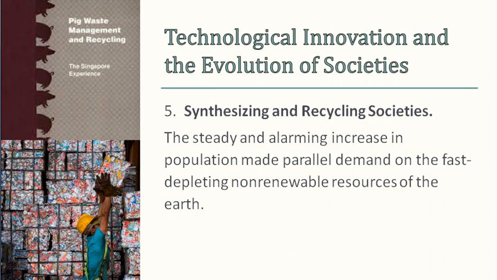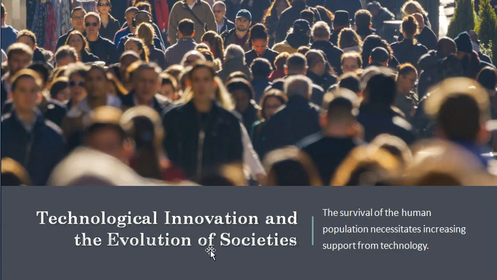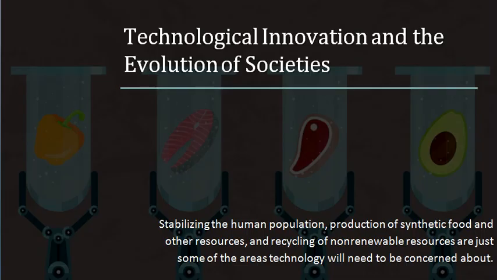All right, so the survival of the human population necessitates increasing support from technology. And here, stabilizing the human population. I know everyone's aware that China had a one child policy.